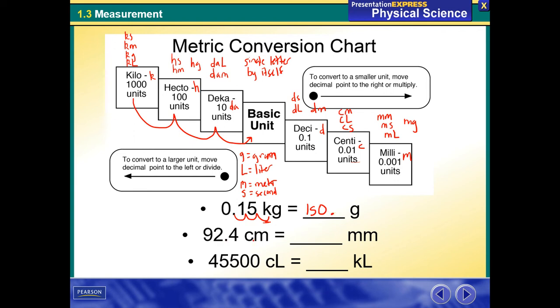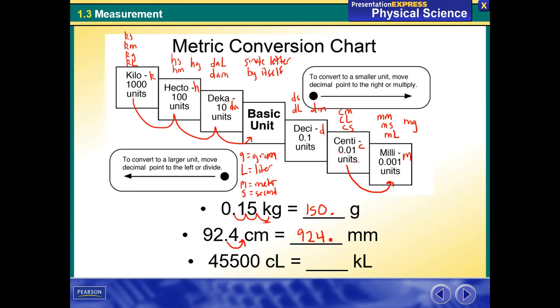On this one, for example, centimeter. We're starting over here in centi, and we're trying to get to millimeter. So notice we're going to move to the right, and it tells us to move to the right one time. So I'm moving to the right. So 9, 2, 4, my new decimal goes there. And last one, centiliter to kiloliter.